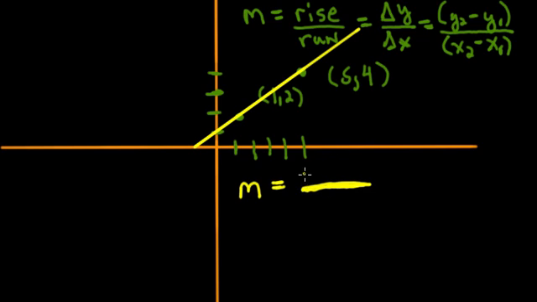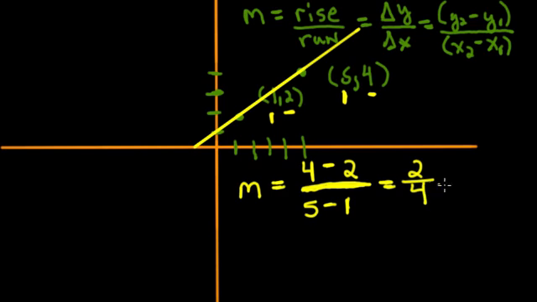So it's the difference of the y values, 4 minus 2. Now since I started with this one minus this one, this is my first x value, and this is my second. So 5 minus 1. And that's going to give me 2 over 4, or 1/2.